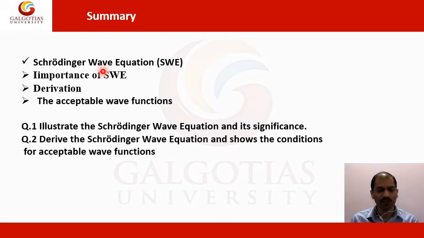In case of the s orbital, as we said, there is equal probability because of the symmetrical nature of the s orbital. But similarly, in case of p orbitals, there are different nodes, which can be calculated by the simple formula n minus 1, where n is the principal quantum number.